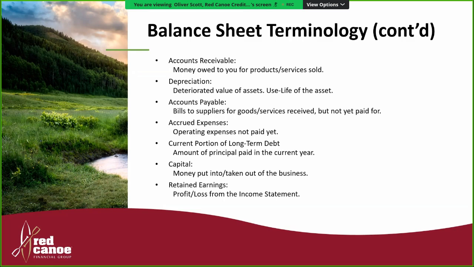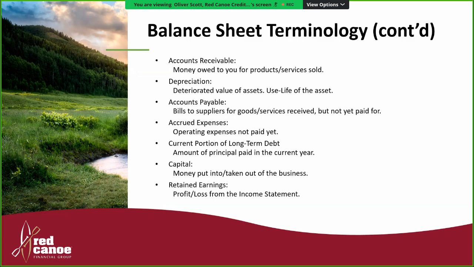Okay. Then you have accrued expenses. These are operating expenses that haven't been paid yet. The electricity bill, payroll, where folks have worked a week, but you pay every 2 weeks. Then it goes on the balance sheet as accrued expense because it is a debt that is owed for that week of work that they've performed.